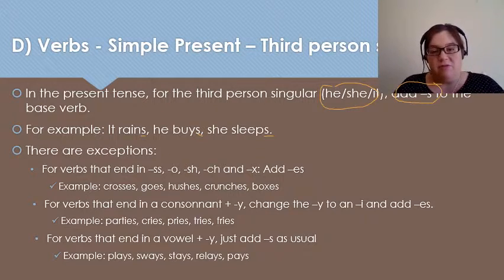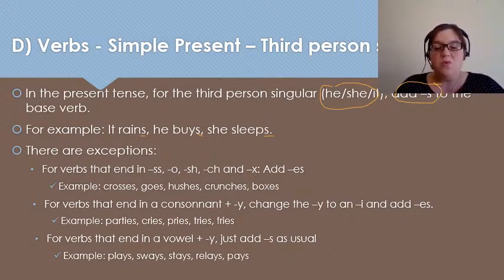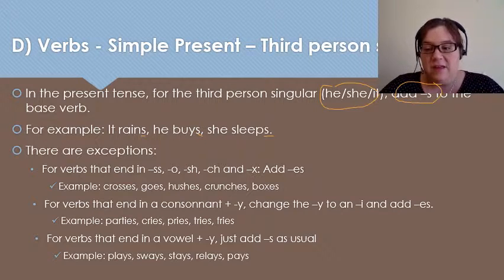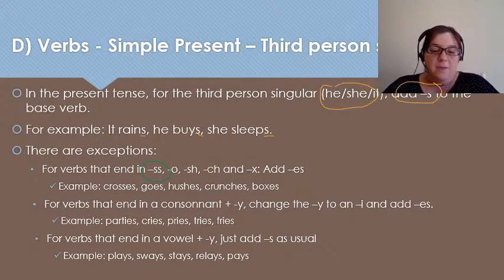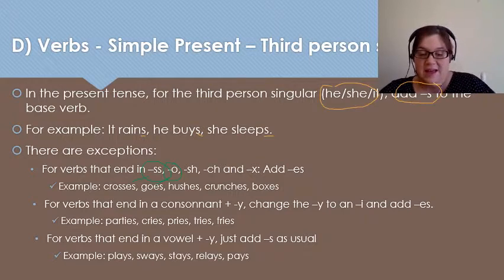However, there are exceptions. There are always exceptions in every language. When you have verbs that end in ss, like cross, you add an es at the end. If it ends in o, like go, we write goes. We don't write just gos.